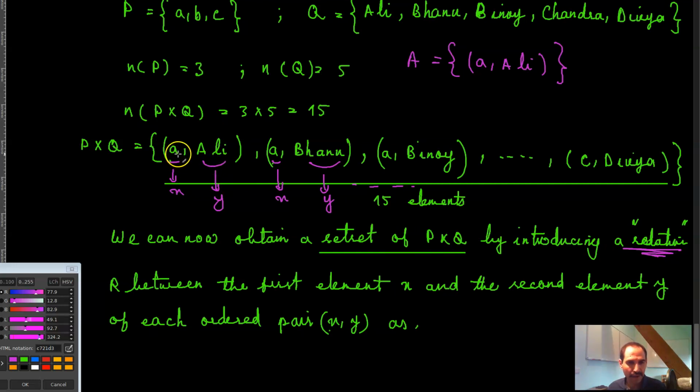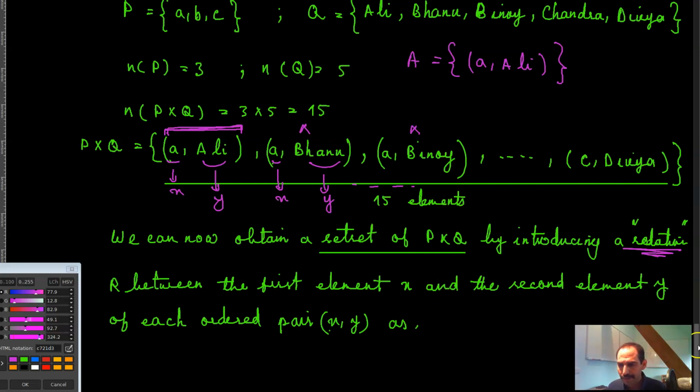For example, I say that the relation R is such that the first element in each case is also the first letter of the name in the second element. For example, this would then be a candidate, because A and A would match together. But A and B would not match together, and so on and so forth.